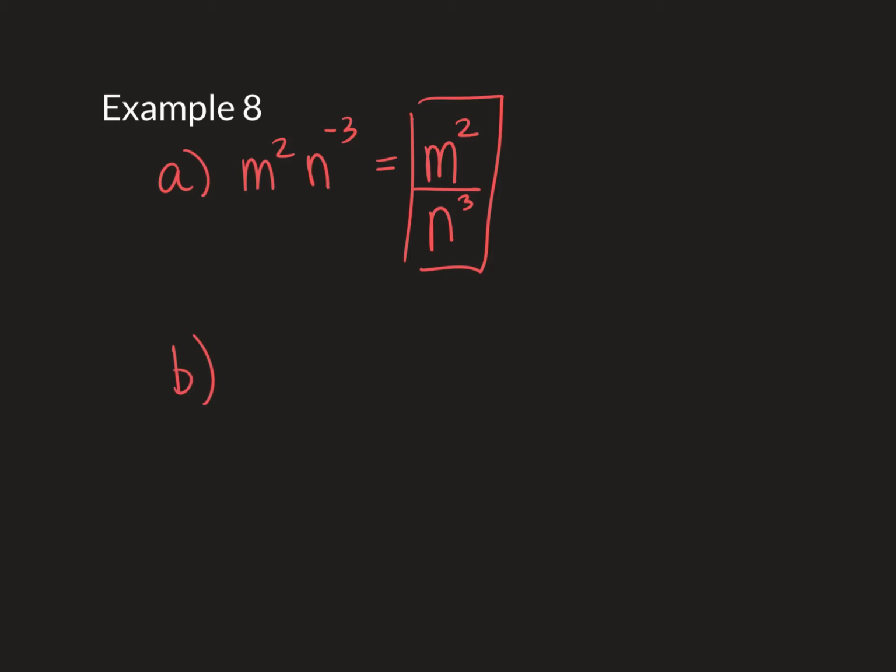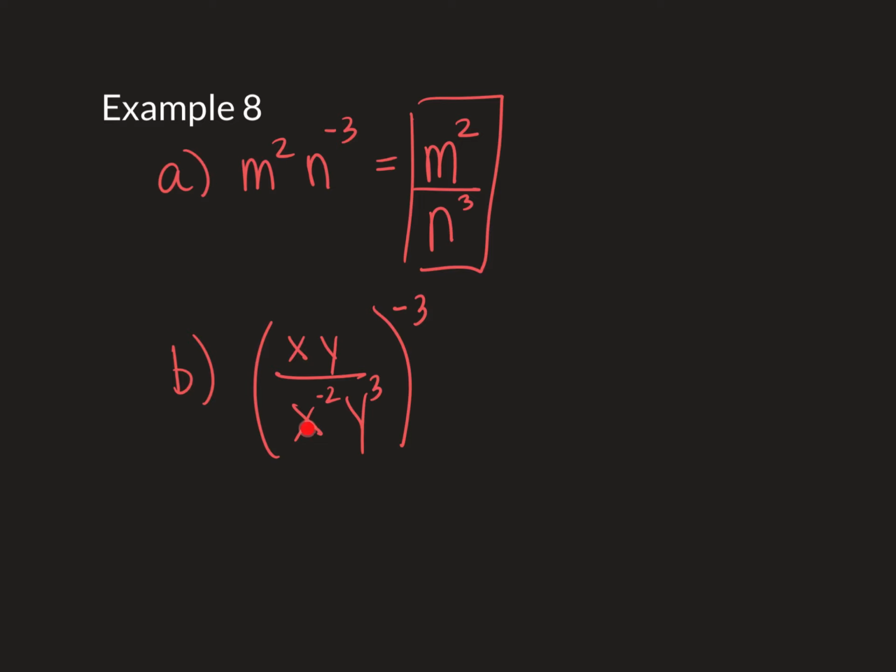For my second one, I have x y divided by x to the negative 2, y to the 3rd, all raised to the negative 3 power. I'm going to simplify inside first, to be consistent with what I said.